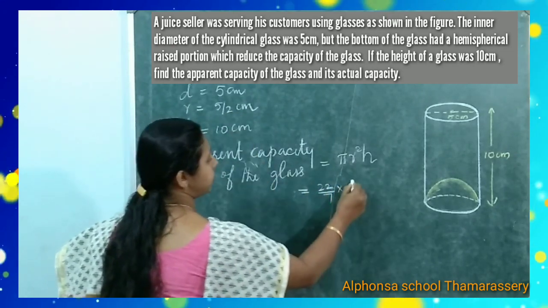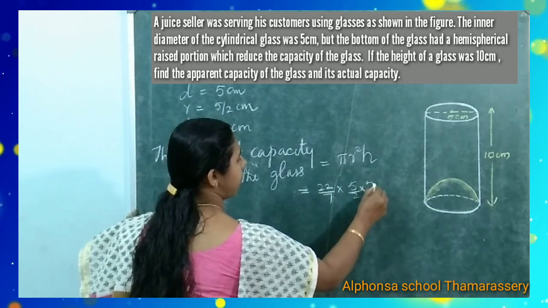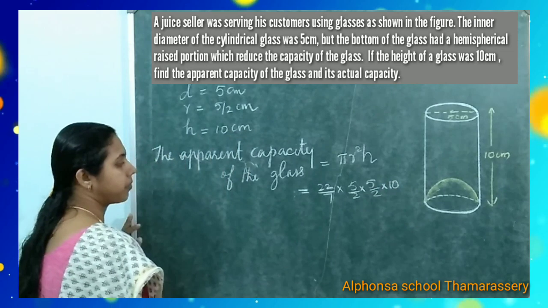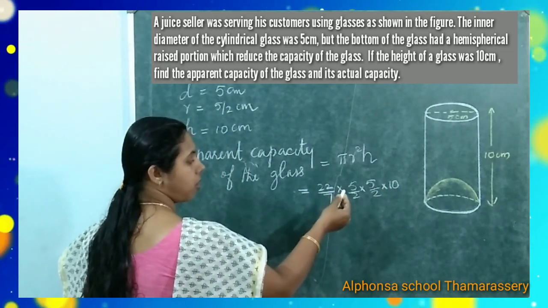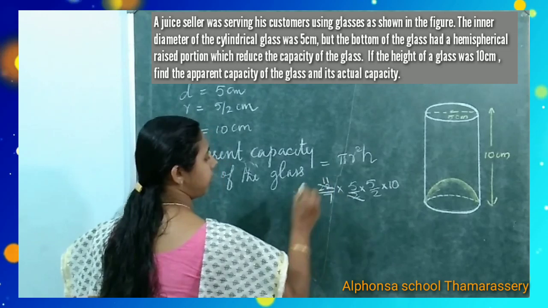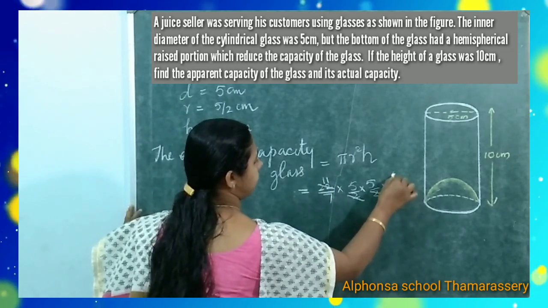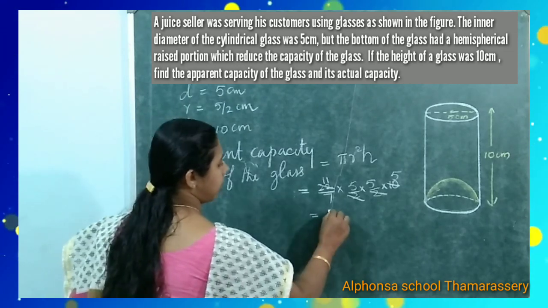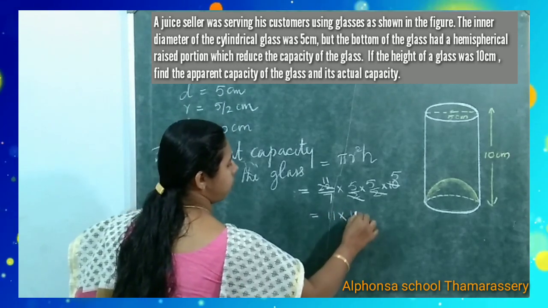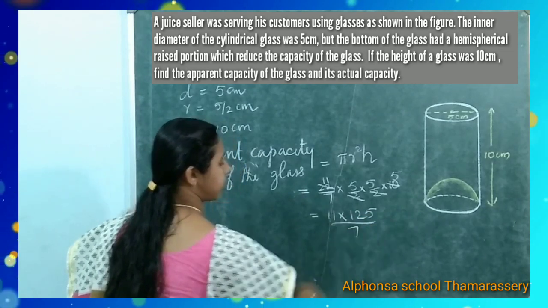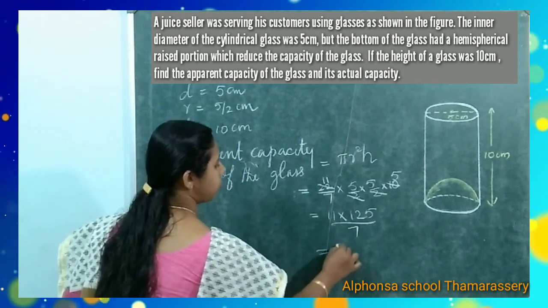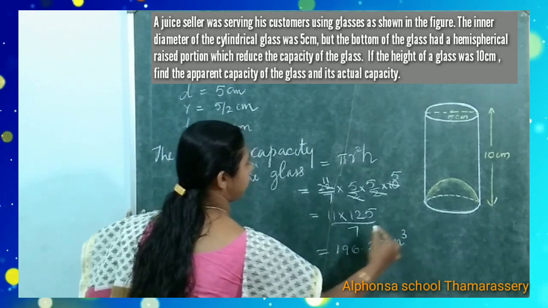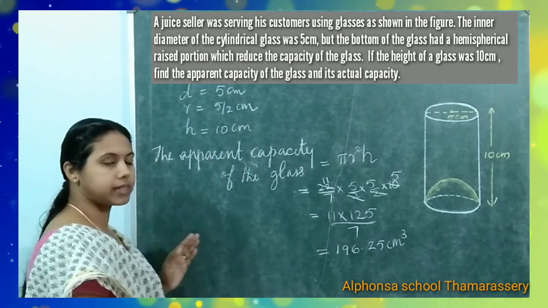R is equal to 5 by 2, therefore 5 by 2 into 5 by 2 into the height, that is 10. You can cancel the common factors. Here 11 and 2 5s are 10. So you will get 11 into 125 by 7, which is equal to 196.25 centimeter cube.